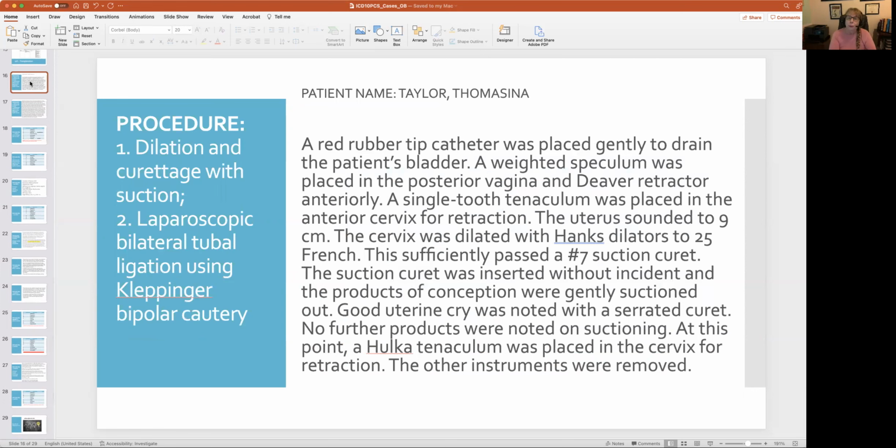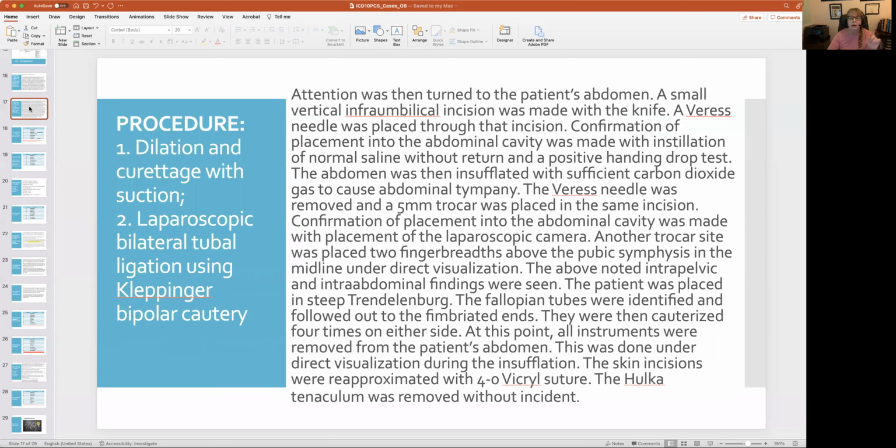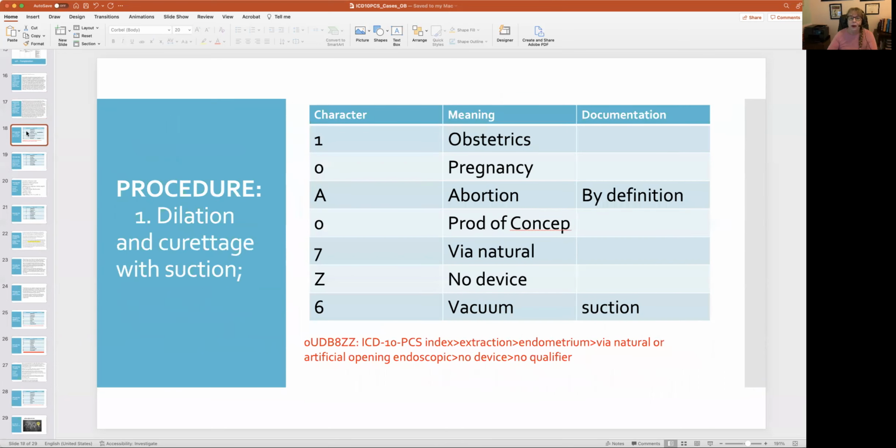But I want you to practice reading this documentation and looking at the description of the procedure, and then determining the correct ICD-10-PCS code.